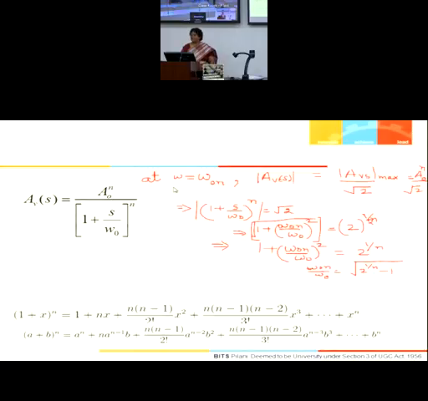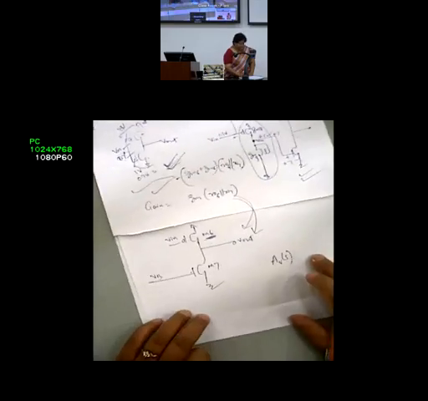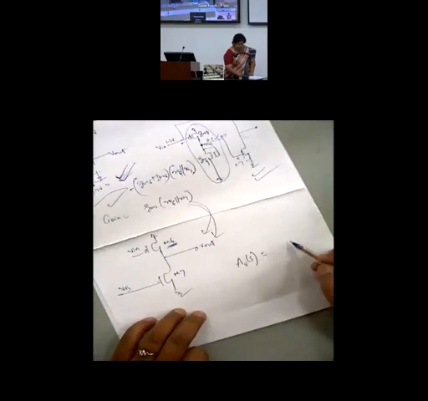Now I can also write for the n series cascade, let me say the total transfer function AV of S, is equal to A naught n, which is the DC gain of the n series cascade, divided by 1 plus S upon omega naught n.